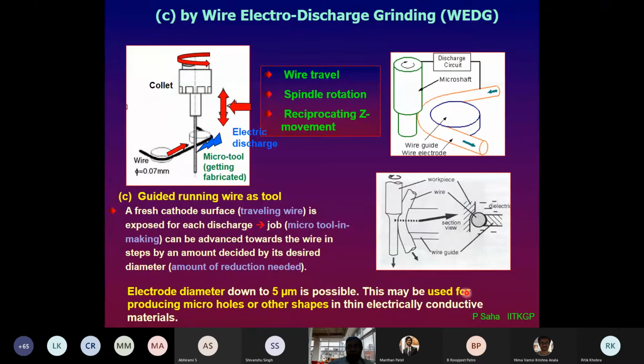So this may be used for producing micro holes or other shapes in thin electrically conductive materials, which normally means metal. For creating electric discharge we require a conductive material as the workpiece. But again, this 5 micron will not be the entire shaft. In steps, only the bottom portion which will be involved in creating the holes or other shapes will be reduced to this 5 micron.